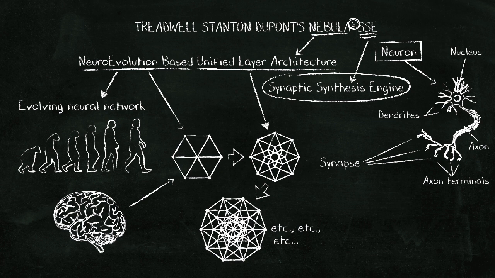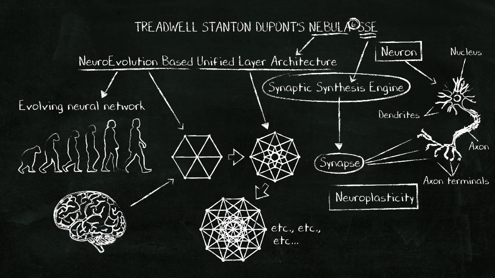The Synaptic Synthesis Engine is continually creating, or severing, these connections, which give the Nebula neural network the advantage of neuroplasticity. It is this neuroplasticity which makes the Nebula neural network behave and acquire experience, much like the human brain.